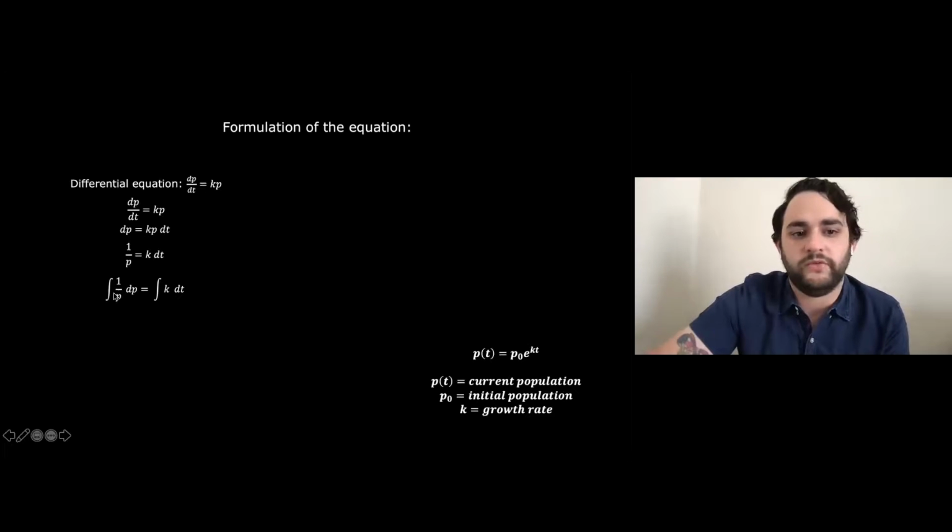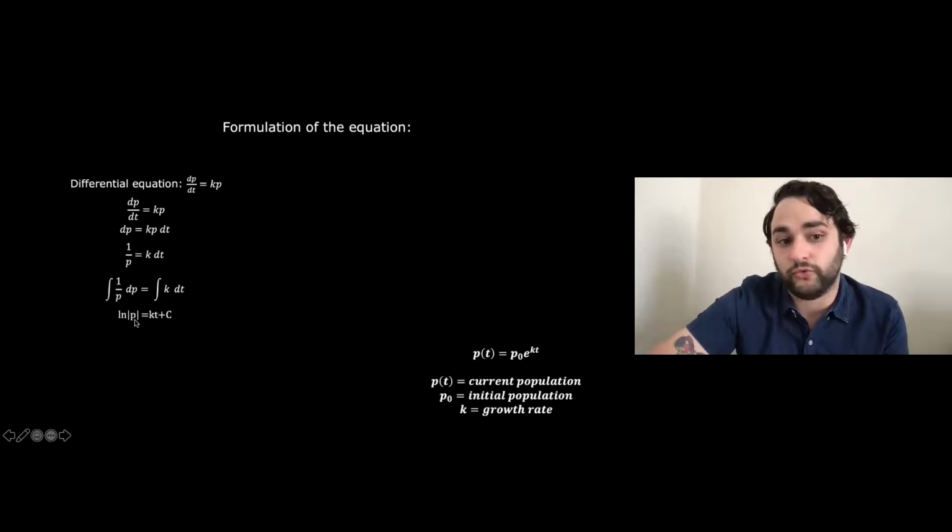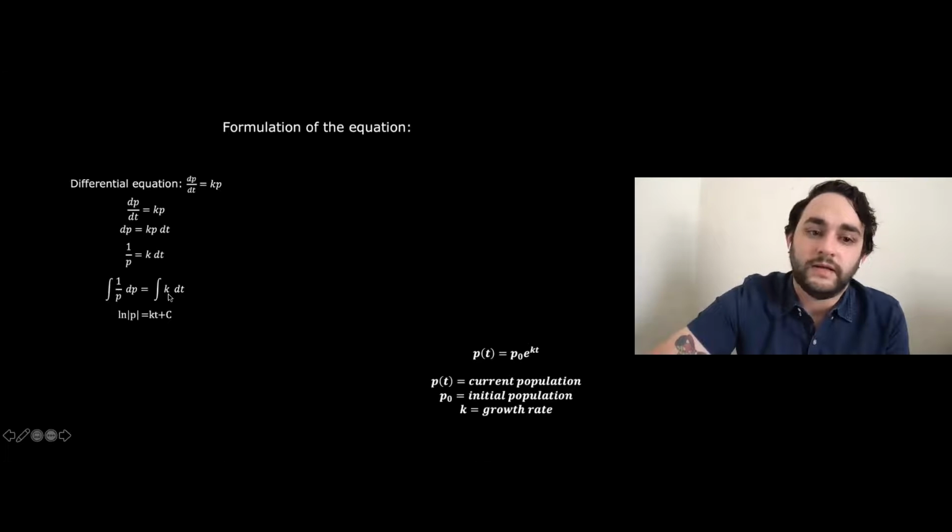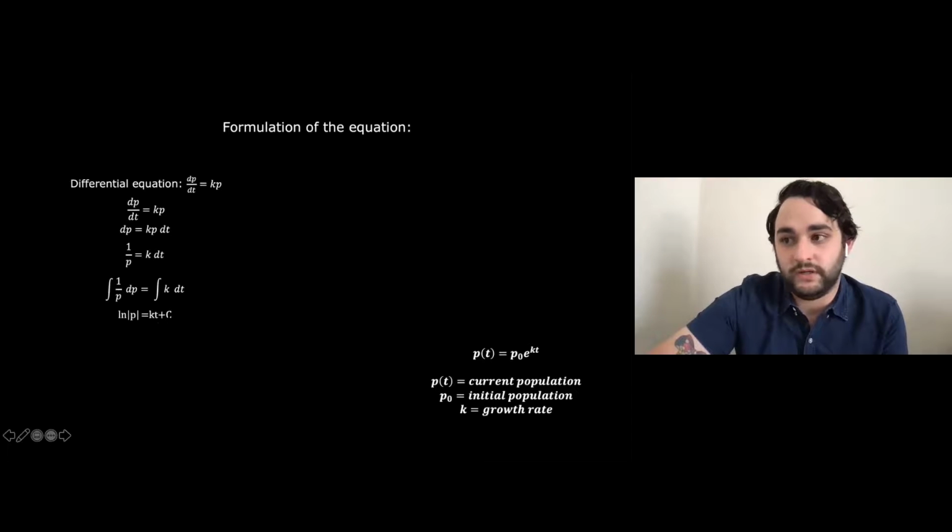So we have to integrate both sides of the equation. The antiderivative of 1 over p is the natural log of p, and k is a constant, and then the antiderivative of dt is t, and then you have to put in the general constant c.